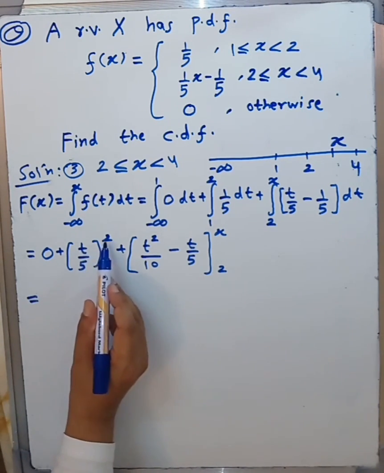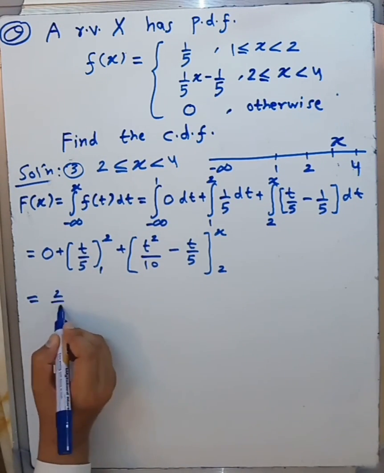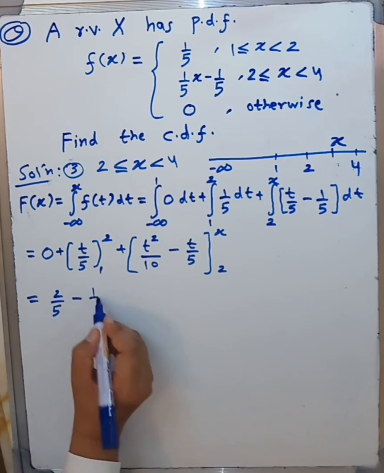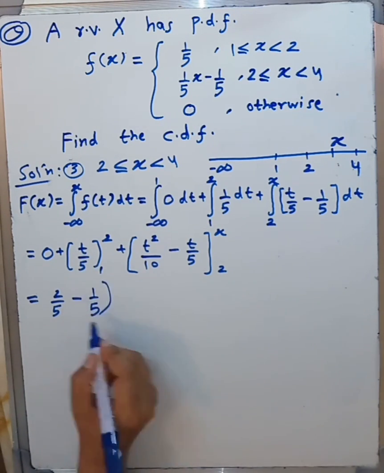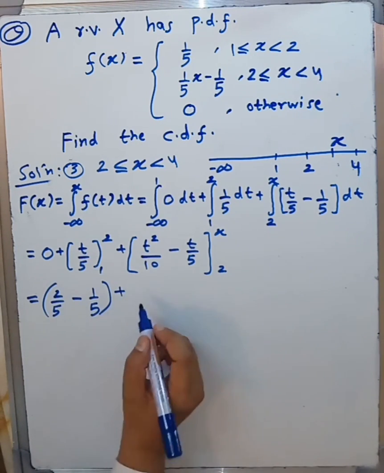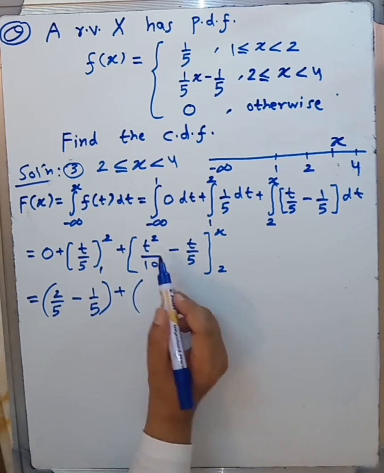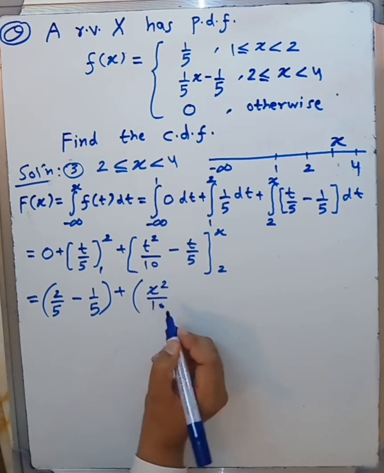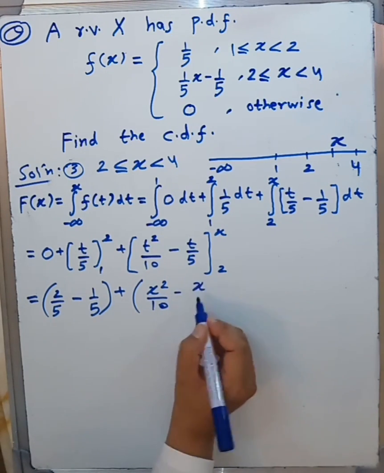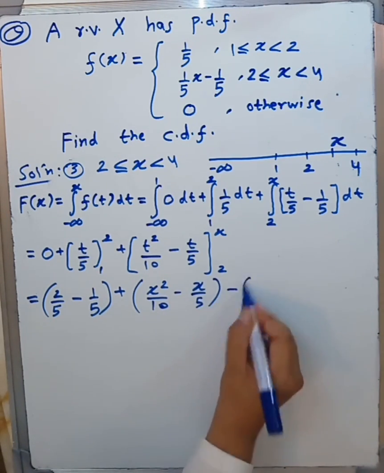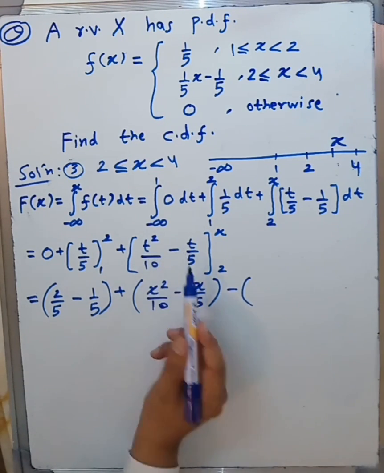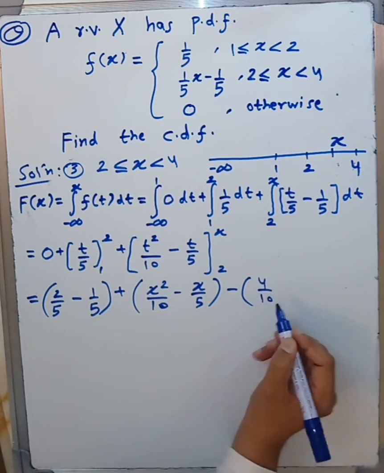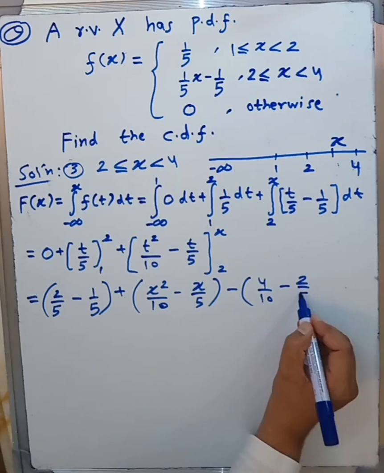When I put t equal to 2, I will get 2 by 5 minus, when I put t equal to 1, I will get 1 by 5, plus, when I put t equal to x, I will get x square by 10 minus x by 5 minus, when I put t equal to 2, I will get 2 square, that will be 4 by 10 minus 2 by 5.